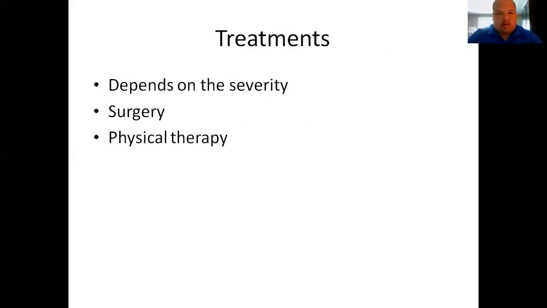Treatments depend on the severity. Like I said, the first category has very little defects or problems, and therefore sometimes doesn't even need any kind of surgery or physical therapy.